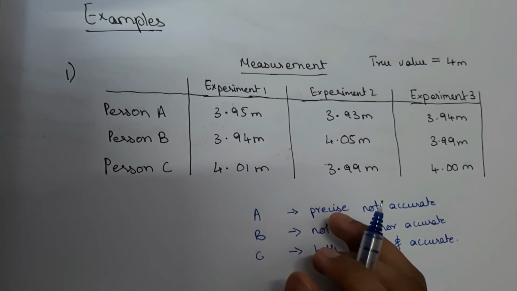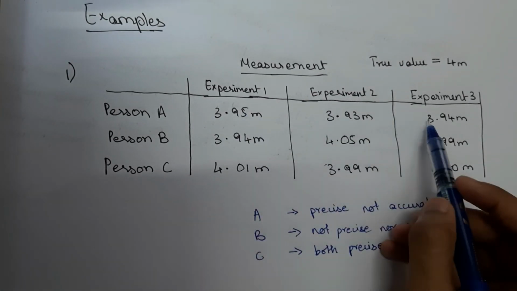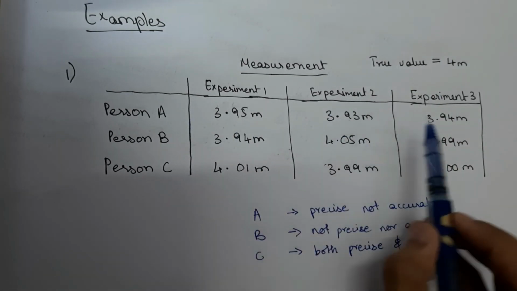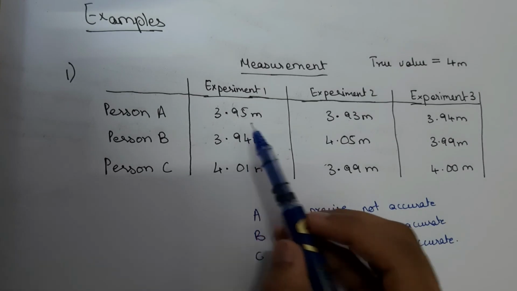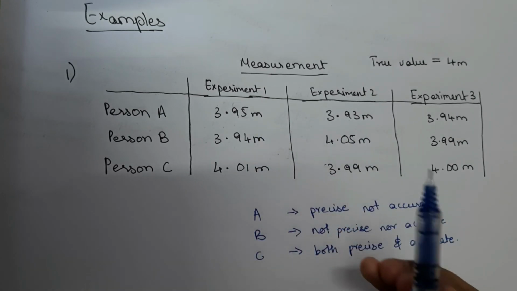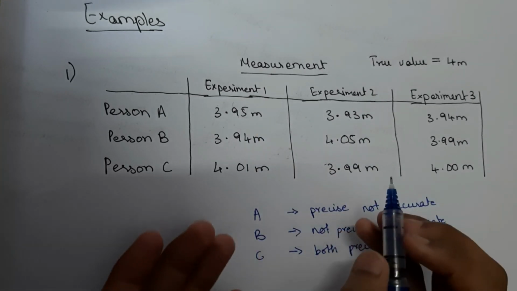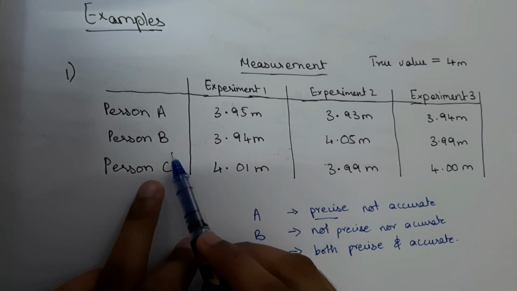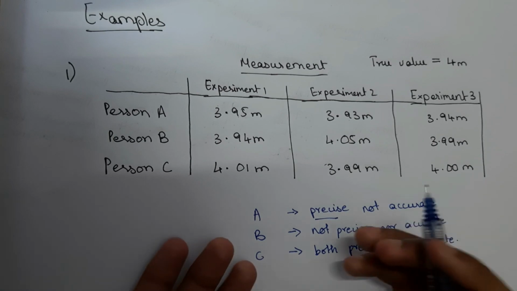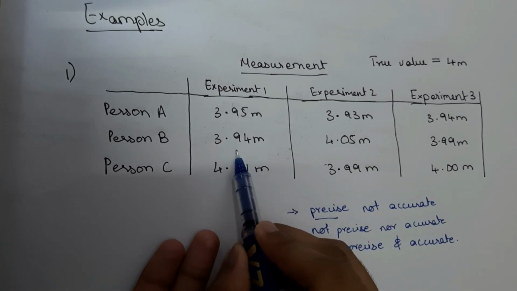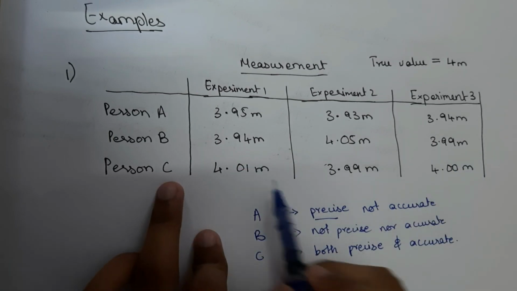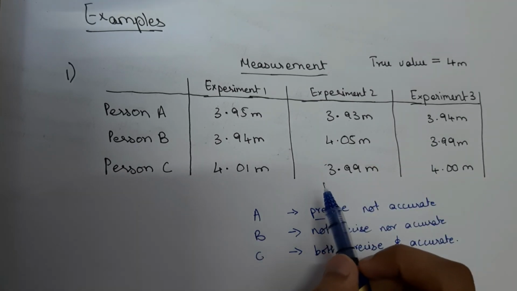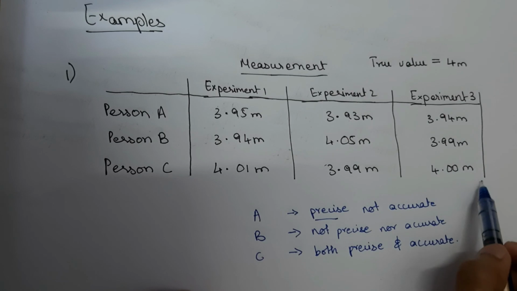And precision just depends on how close these values are to each other. Since person A's values are close to each other and differ only by 0.1 or 0.01 and 0.02, that means he is precise but not accurate. And person B is neither precise nor accurate because the values differ by a lot. And in person C, the values don't differ by a lot, and on top of that, all the values are close to the true value.